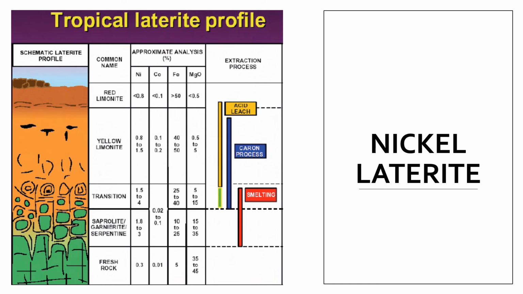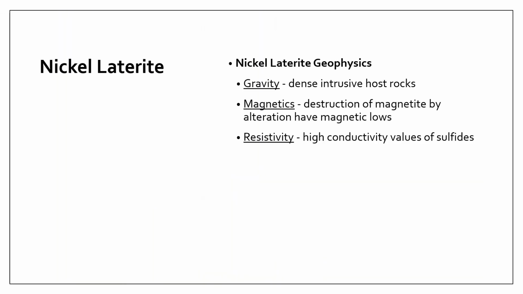Okay, so note that in laterites, you have intense leaching of your original parent rocks. As a result, the intense leaching destroys your magnetites in your parent rocks. So your nickel laterite deposits can show up as magnetic lows or relatively low magnetic intensities compared to your unaltered host rocks.